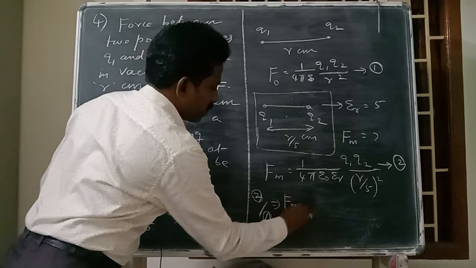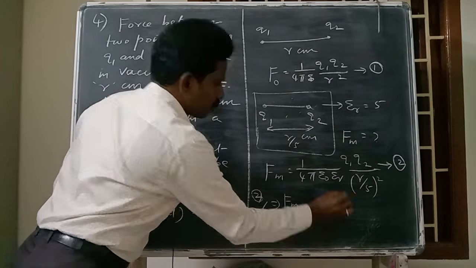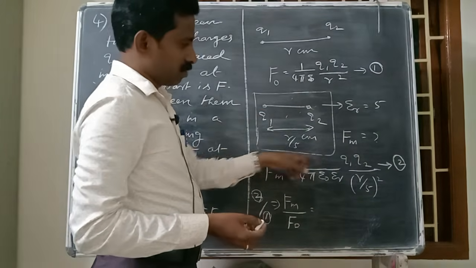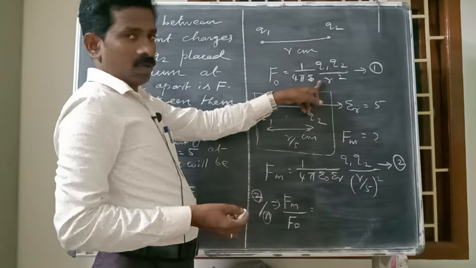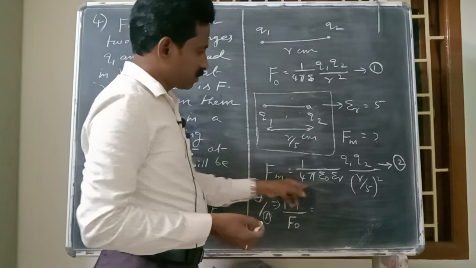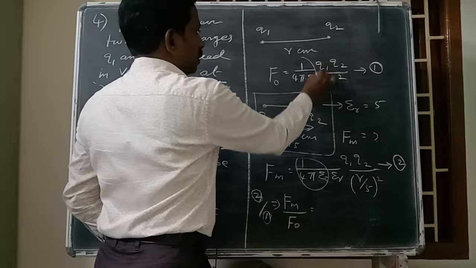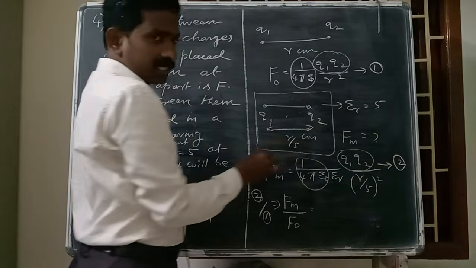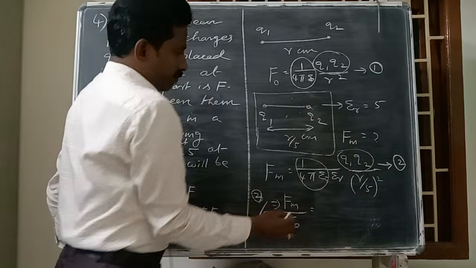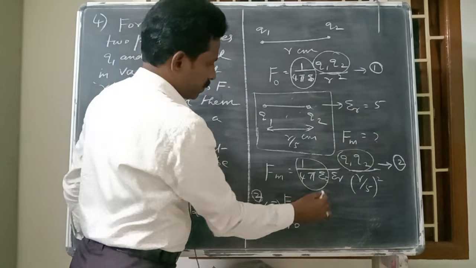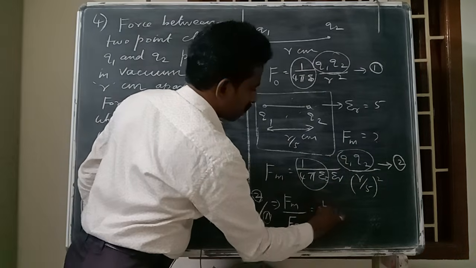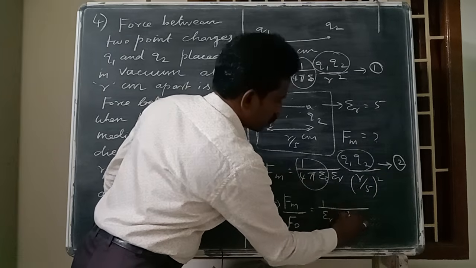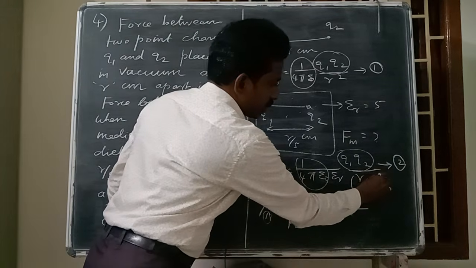So Fm by Fo equal to, you divide this by this. If you divide equation number 2 by equation number 1, what will you get? This 1 by 4 pi epsilon naught, 1 by 4 pi epsilon naught, they get cancelled. Okay, q1 q2 they get cancelled, and see here what will remain? Fm, 1 by epsilon r by r squared by 5 square, 5 square is 25.